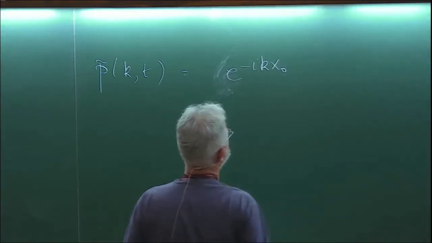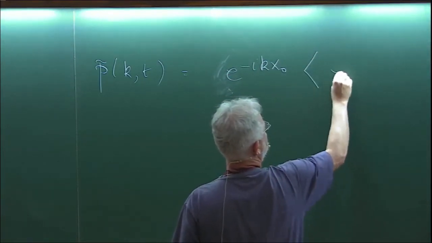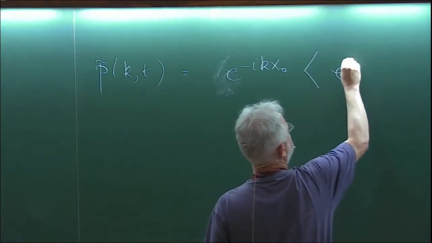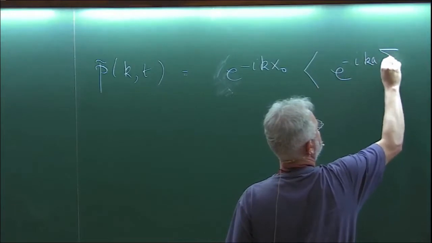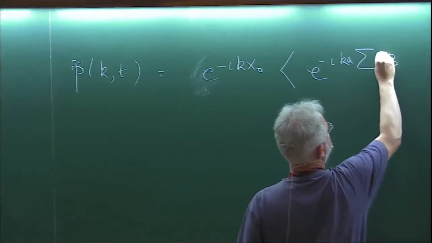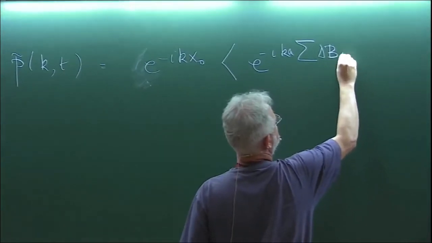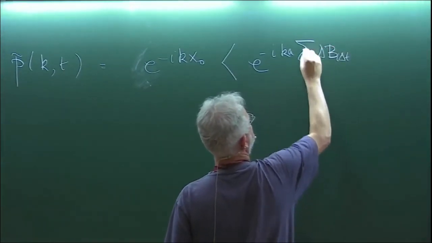That's just the constant term. And then I have the expected value of e to the minus ik a times the sum of these delta b, i delta t, i equal to 1 up to n.